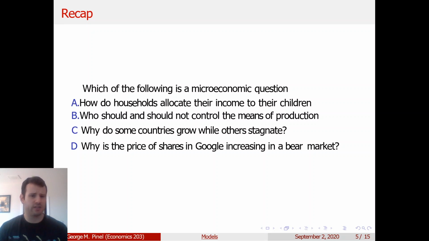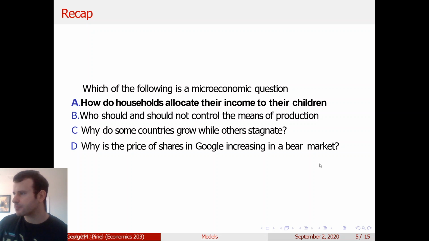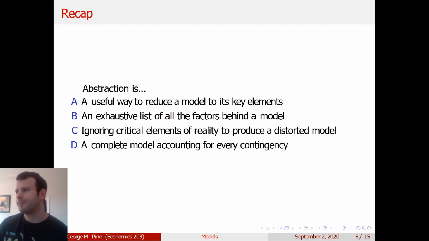So how do we maximize overall utility for the children relative to the income that the household has to spend? Oh, sorry. So A is the correct answer.